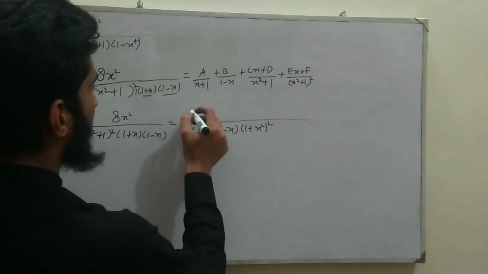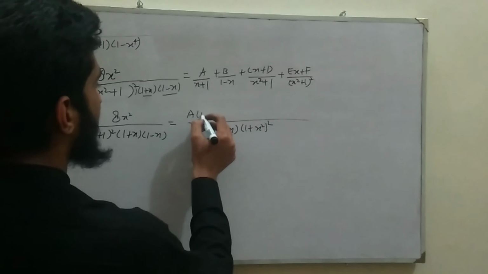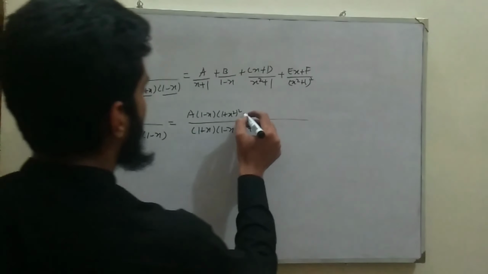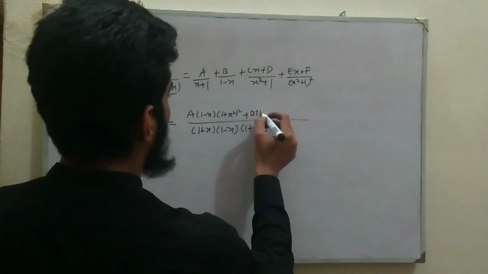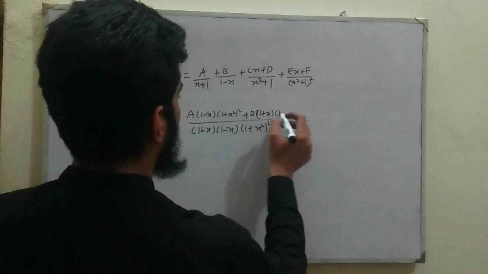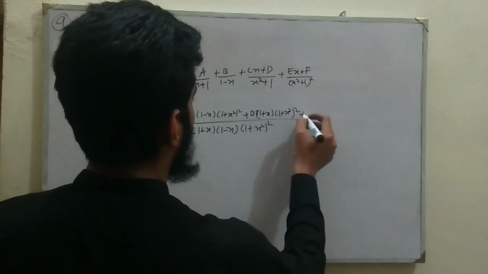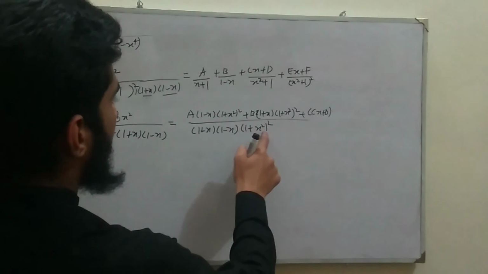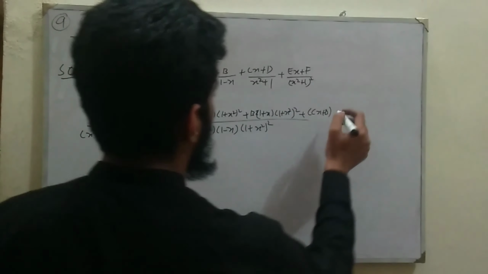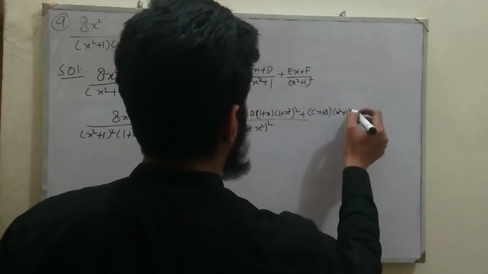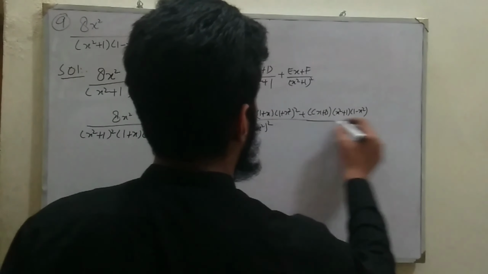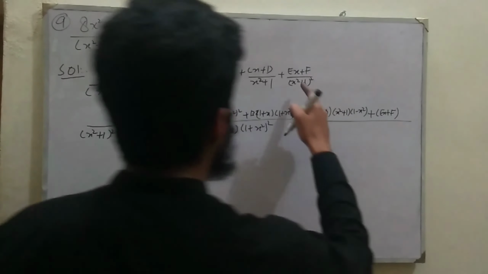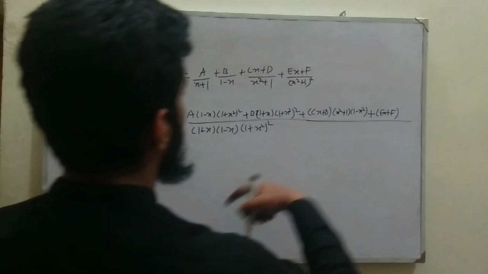So x plus 1 means a multiply 1 minus x and 1 plus x square whole square, plus b multiply with 1 plus x, 1 plus x square whole square, plus cx plus d multiply with x square plus 1 and 1 minus x square, and plus ex plus f multiply with 1 minus x square.